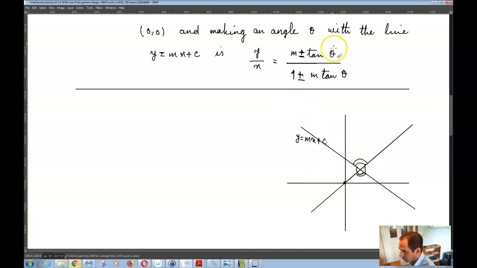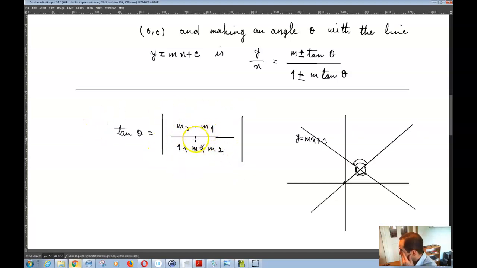So I suppose with theta the acute angle is meant, because through the process that we would normally use in order to get this equation, we are using the relationship tan of theta is equal to the absolute value of m2 minus m1 over 1 plus m1 m2, I suppose. That's the only thing that comes to mind.